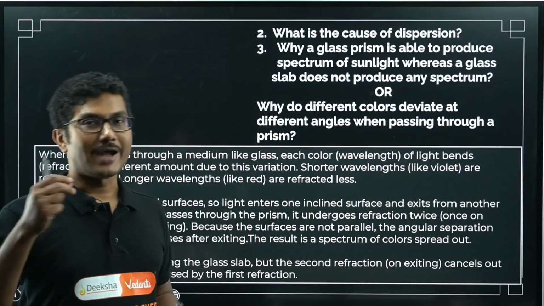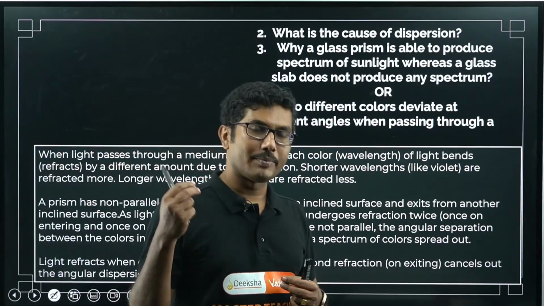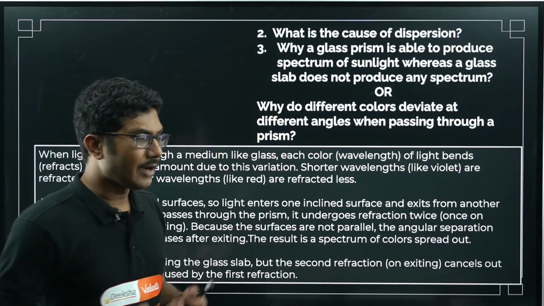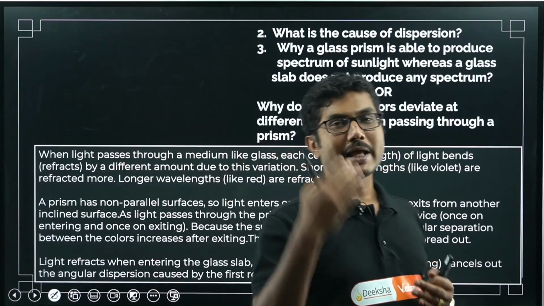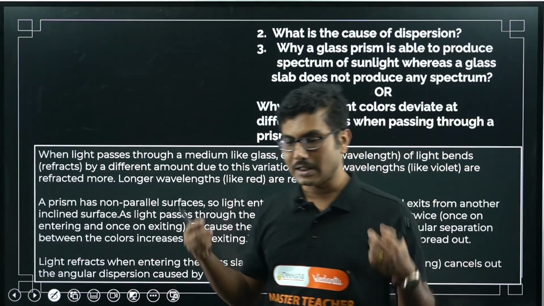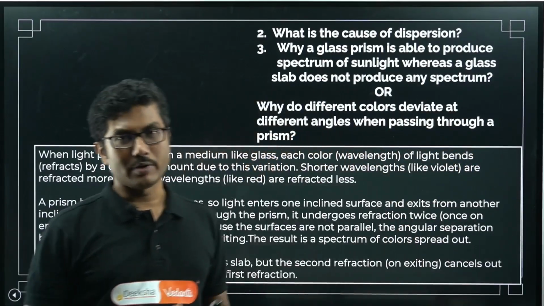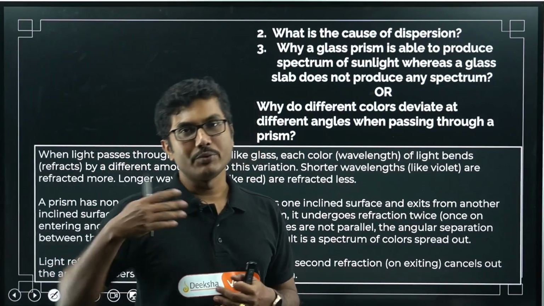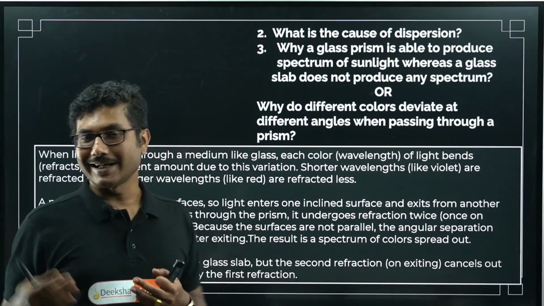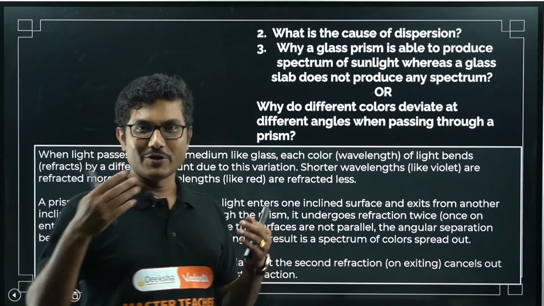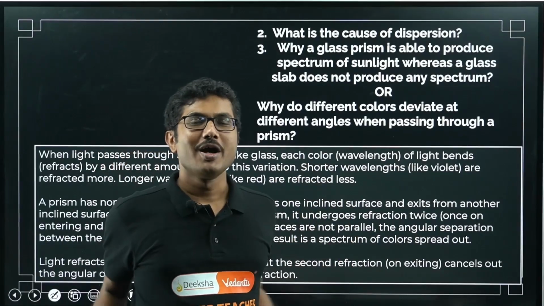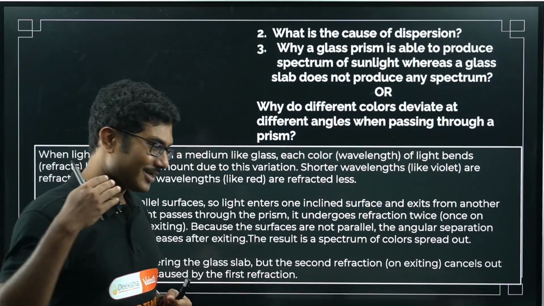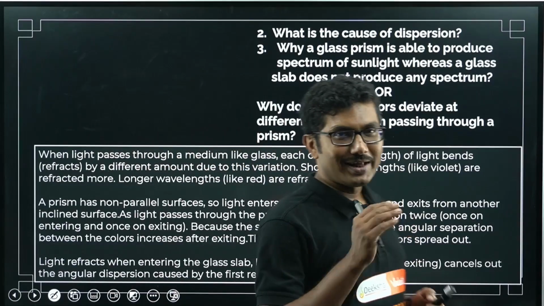So speed varies from color to color or wavelength to wavelength. Right now in your class we mention color, but as you go to higher classes, instead of color we will mention wavelength. Wavelength and frequency of light are more important, but right now we are only in class 10th, so we will say color. Your life is still colorful, but when you go to a higher class, the color will be gone and only wavelengths will remain.